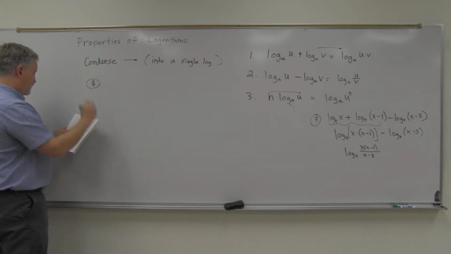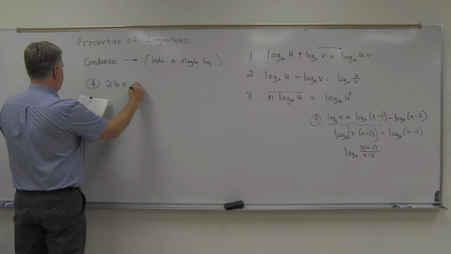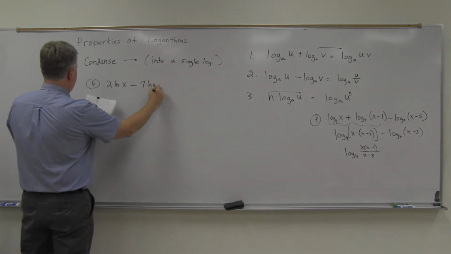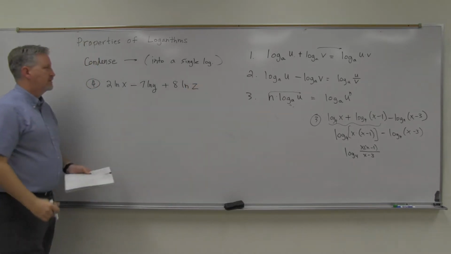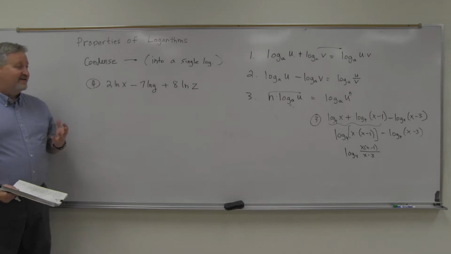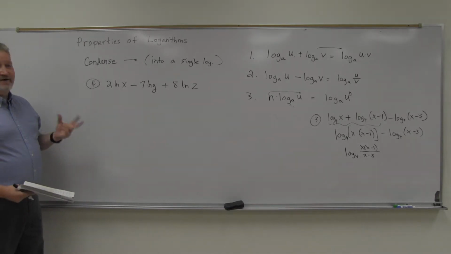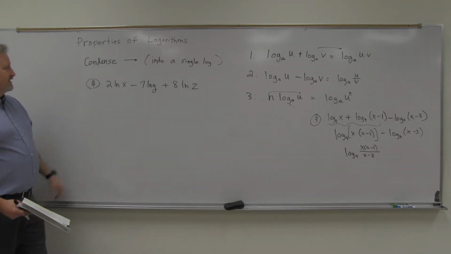All right, here's the fourth one. 2 ln of x minus 7 ln of y plus 8 ln z. Similar to number 3, but what's the difference here? There's a first step on this one that we didn't have to take on number 3. You have to distribute the 7.